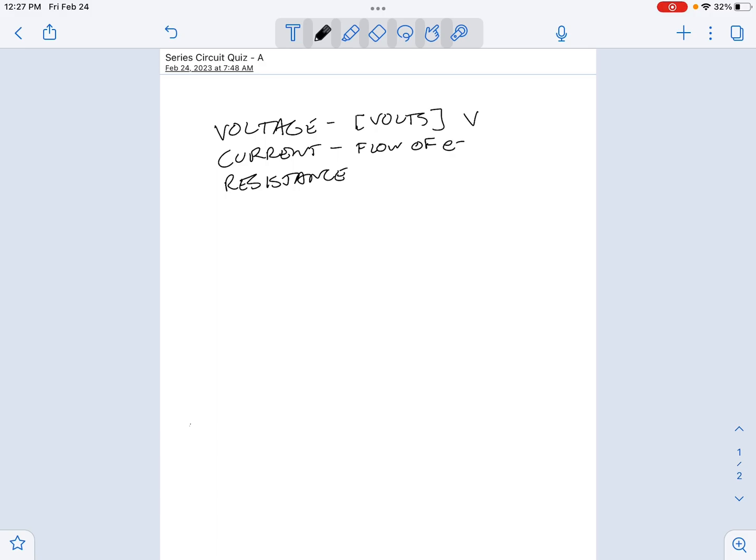Current is the flow of electrons. When you have a circuit, let's say you have a light bulb, and you connect that light bulb to a battery. When you connect a complete circuit like this, a closed circuit where there's a wire going from the battery to the light and the light back to the battery, and there's no cuts in the line, then the light will turn on.